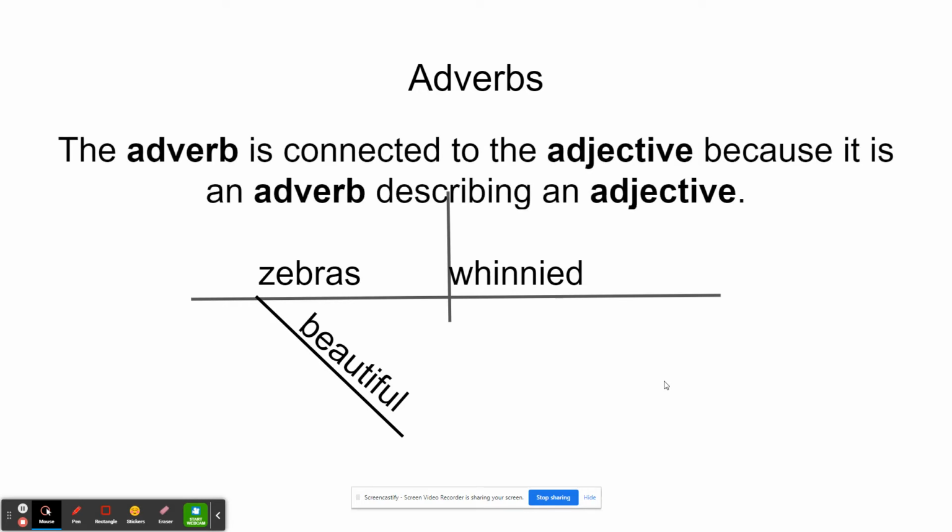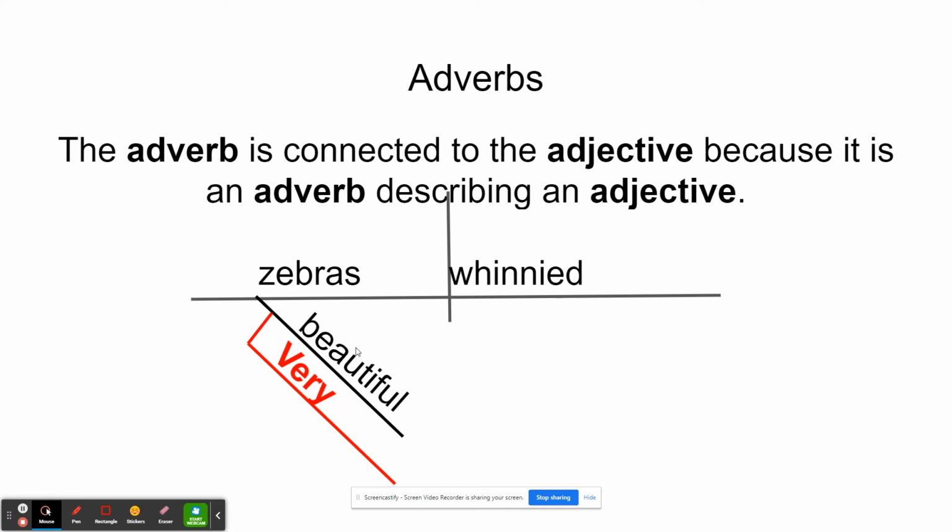The adverb is connected to the adjective because an adverb is describing the adjective. So here we have beautiful zebras whinnied. Now look for the adverb I'm going to add to that adjective. Are you ready? Very beautiful zebras whinnied. So beautiful is an adjective telling us what kind of zebras. Very is an adverb describing the adjective beautiful.